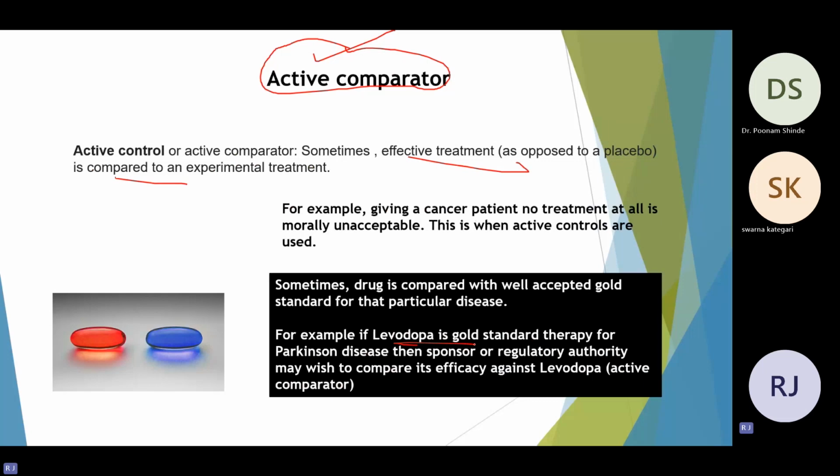If I am developing any drug for Parkinson disease, then definitely the regulatory authority and sponsor will wish to know whether my drug is better or equally effective compared to levodopa or not. So in our trial, if I'm comparing my drug with levodopa, then I will call levodopa my active comparator. Okay, everybody got it, right? What is placebo, active comparator? Any questions so far?